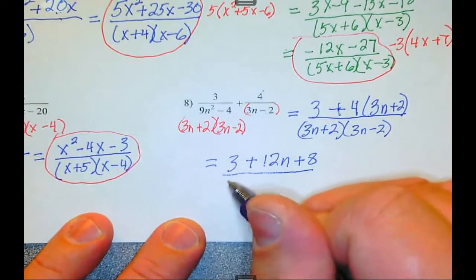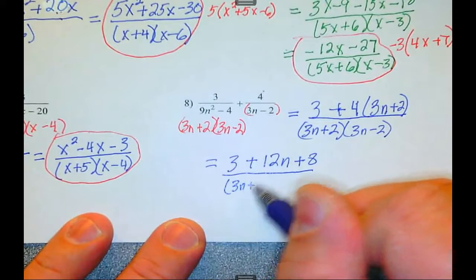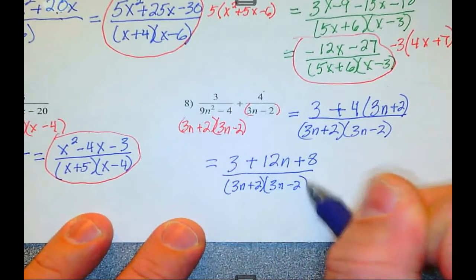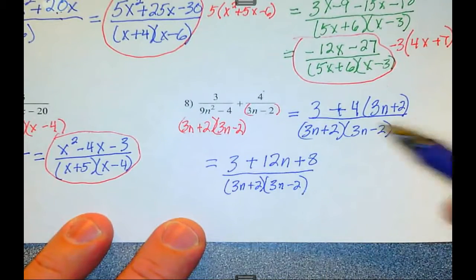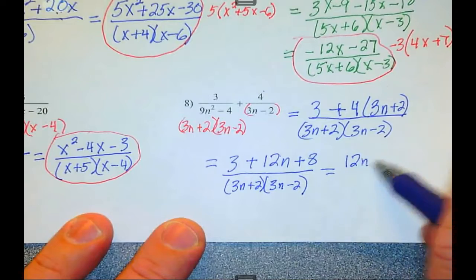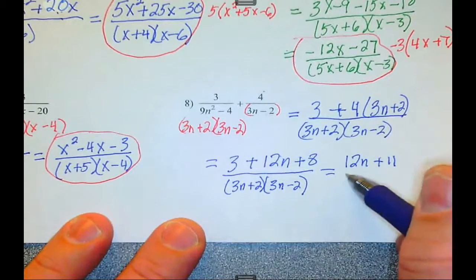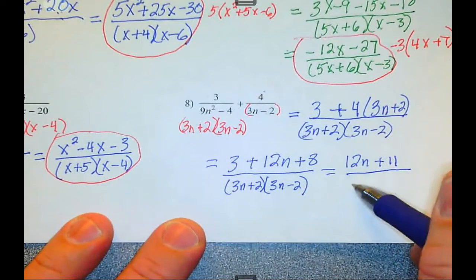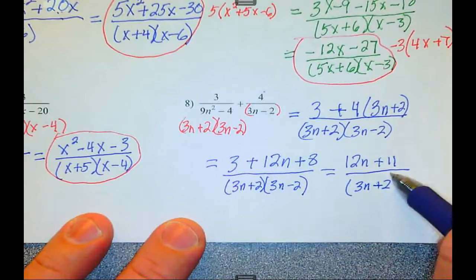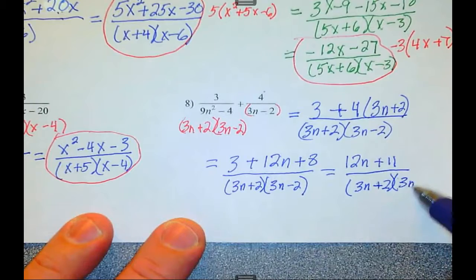All over 3n plus 2, 3n minus 2. I have 12n plus 11, can't be factored, and 3n plus 2, 3n minus 2.